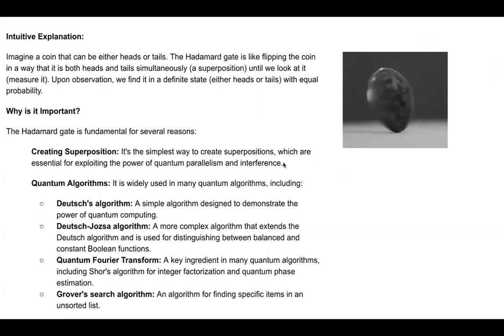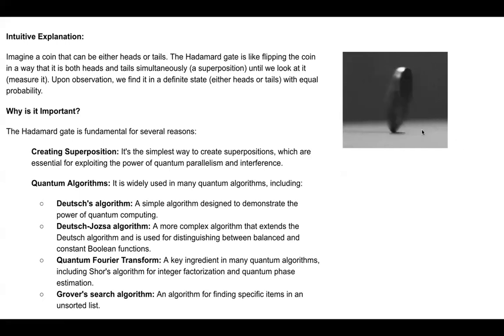So what is the intuitive explanation? Let's say you're flipping a coin. The coin just goes flip. It has equal probability of heads or tails until you measure it. As soon as a measurement gate is applied to a qubit, its superposition will collapse to either 0 or 1.